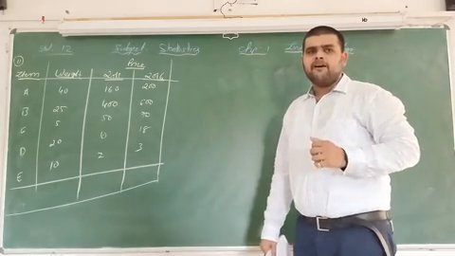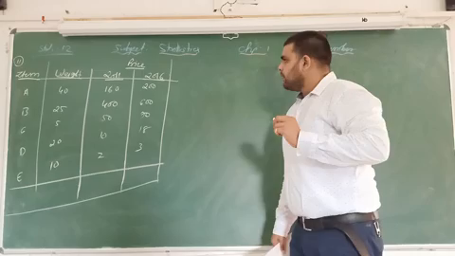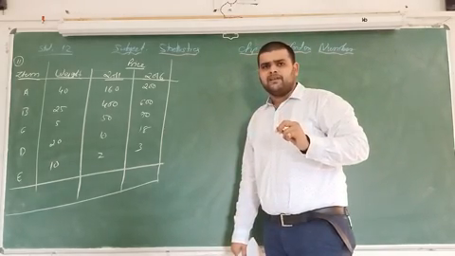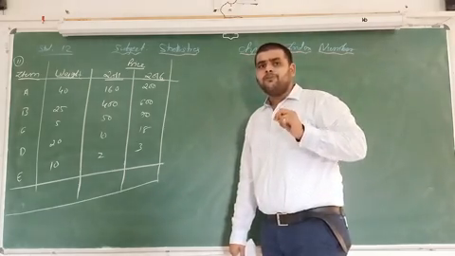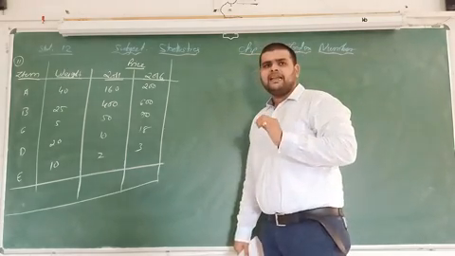Okay, so now first of all we are going to calculate on the basis of the formula. For any example we have to remember and know the formula. What we have to find out is the weighted index number.